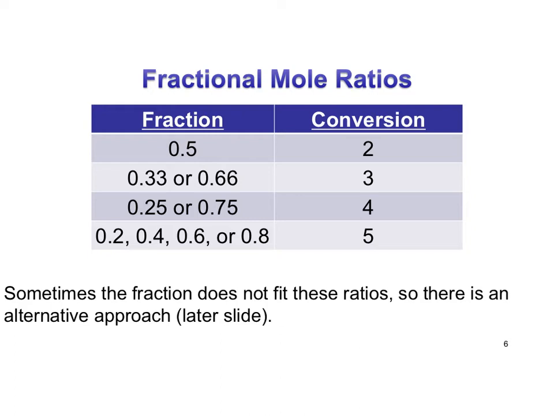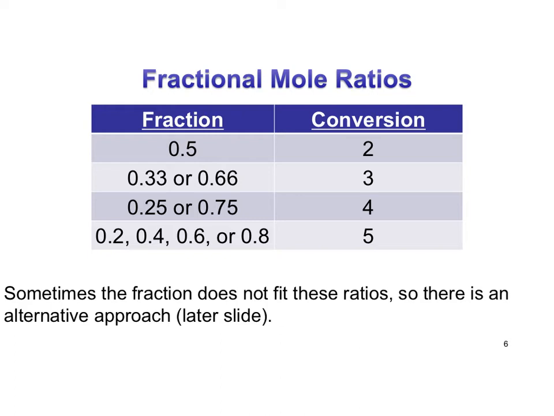If the fractional portion of the moles in the molar ratio is approximately 1/2, then multiply all moles by 2. If the fractional portion is close to 0.33, that is 1/3, or 0.66, that is 2/3, then multiply all moles by 3.